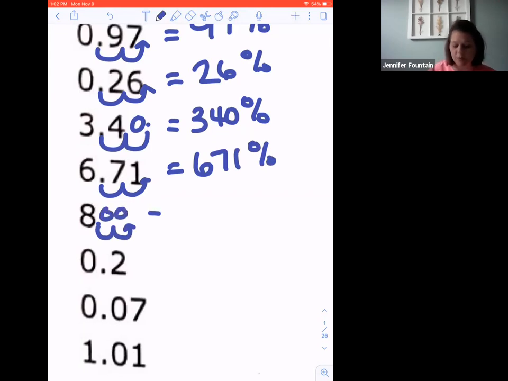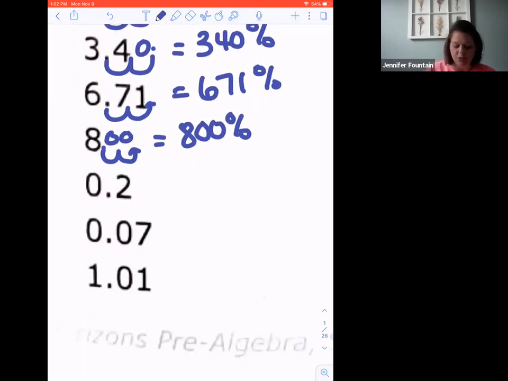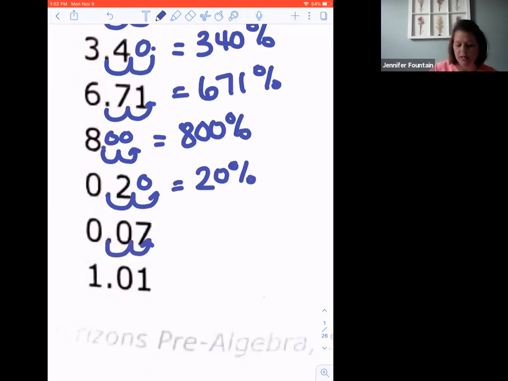That means I backfill with zeros, so I have 800%. 0.2, 2 places, fill with a 0, add my percent. 0.07, 2 places to the right, so I have 7%. And 1.01, 2 places to the right, is 101%.